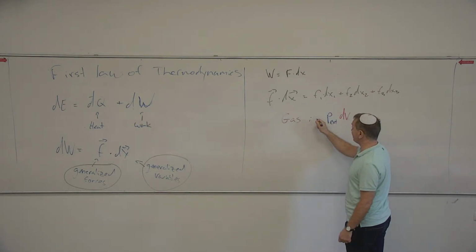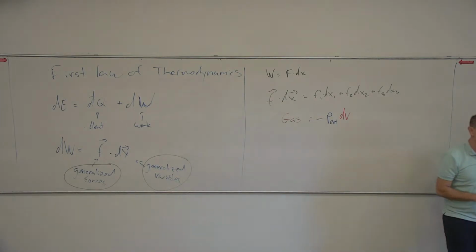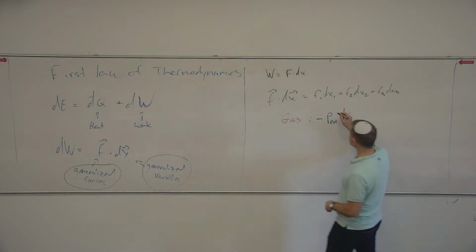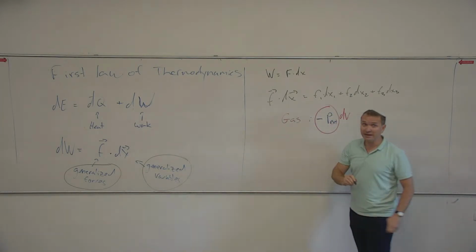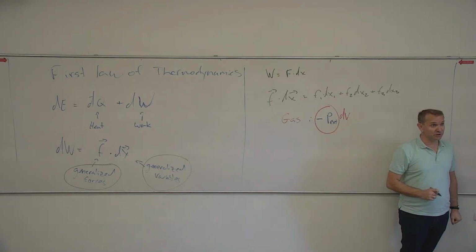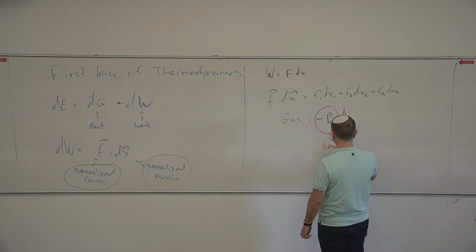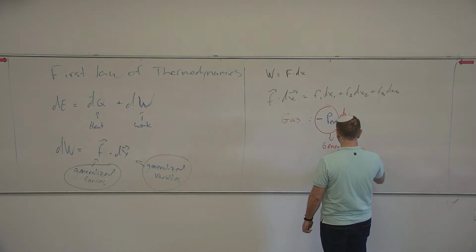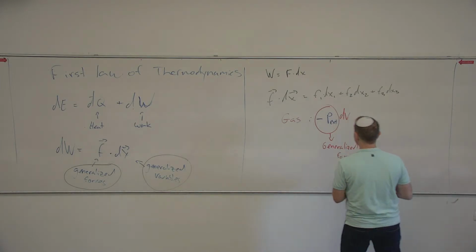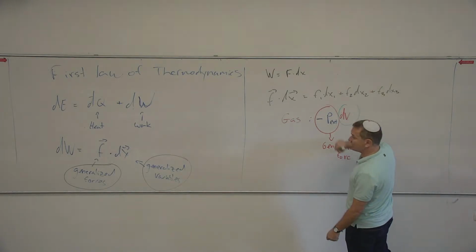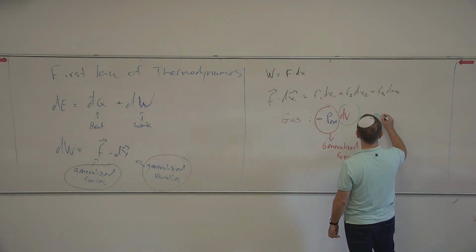This is why, in this specific example, I have to add a minus. So my generalized force for this example of pressure and volume is minus the external pressure, and dV is my generalized variable.